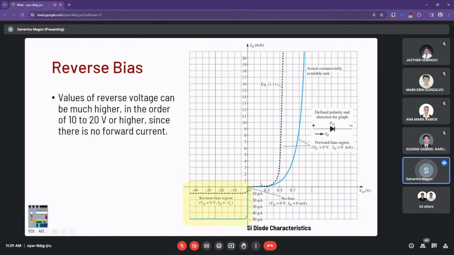But if we apply a negative potential, we have a very minuscule amount of reverse current going through from N to P. That's a negative current movement, but in a very small range.